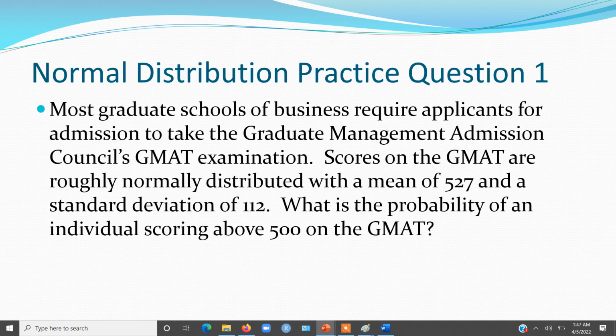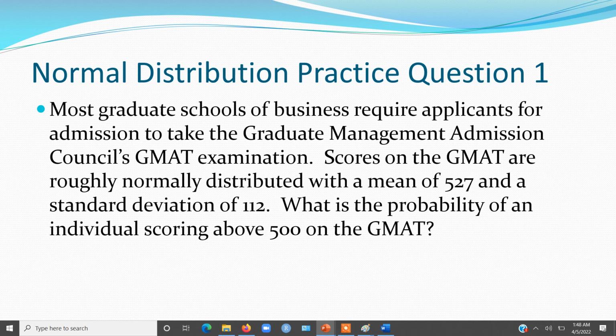Okay, so as I said, today's lecture will be focusing upon a practice question about normal distribution. So the first practice question that I'm going to discuss is a word problem to help you practically develop an understanding of the normal distribution. So the first word problem is, let's say we have data of some graduate schools of business students who want to take admission to GMAT examination.